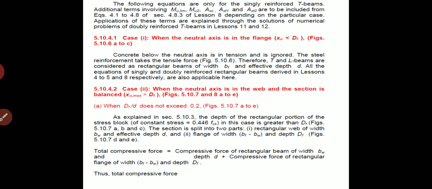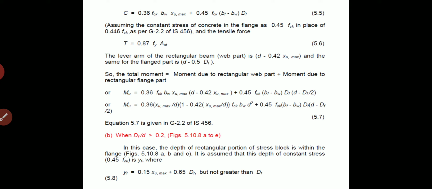Total compressive force equals the compressive force of the rectangular beam of width bw and depth small d plus the compressive force of the rectangular flange of width bf minus bw and depth Df. Thus, total compressive force is C equal to 0.36 fck bw Xu max plus 0.45 fck (bf minus bw) Df.